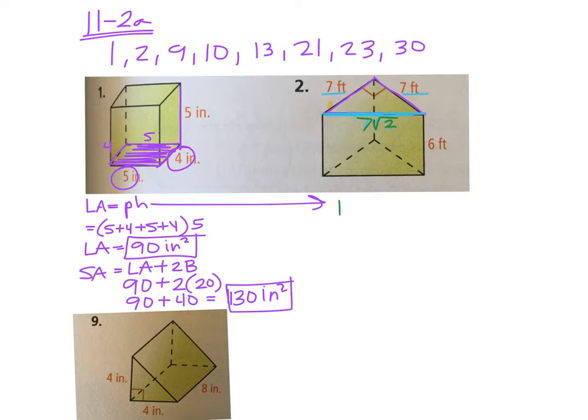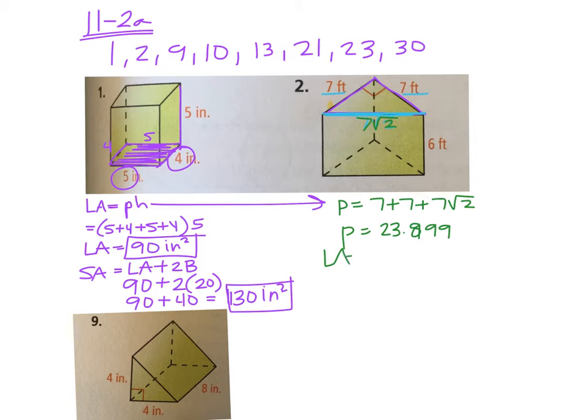So your perimeter is 7 plus 7 plus 7 rad 2, and we're not going to leave that in simplest radical form. 7 rad 2 is 9.899. Add 14 to that. So the perimeter here would be 23.9, we'll say. Actually, let's do 23.899 so that we just round at the end.